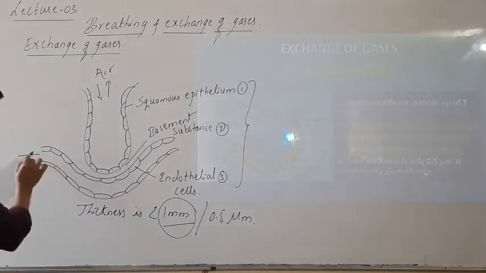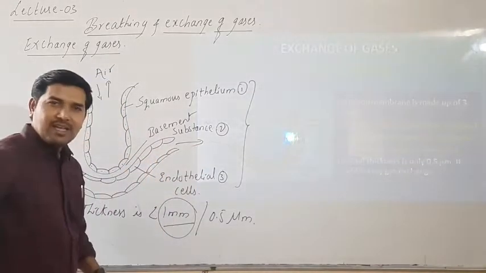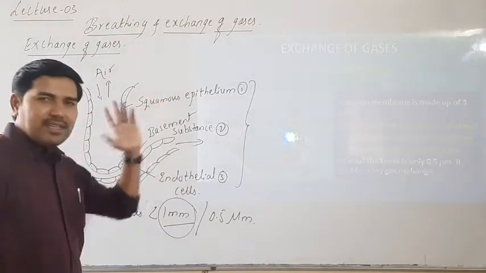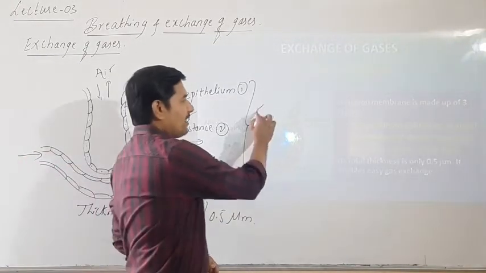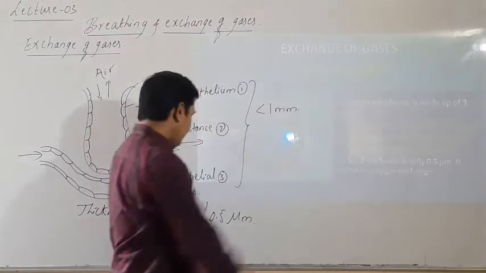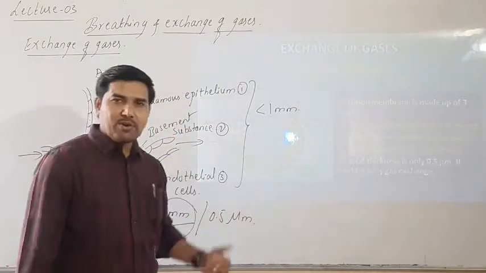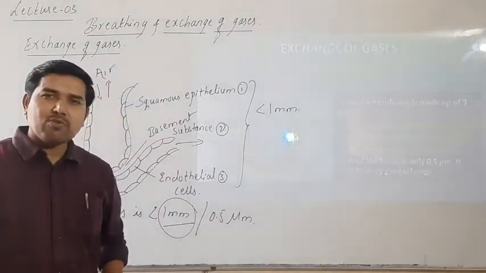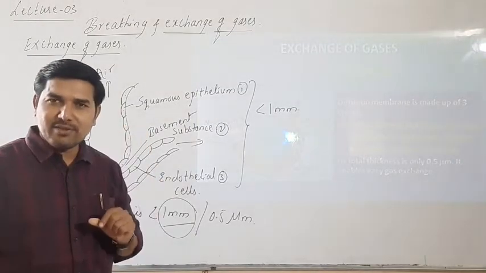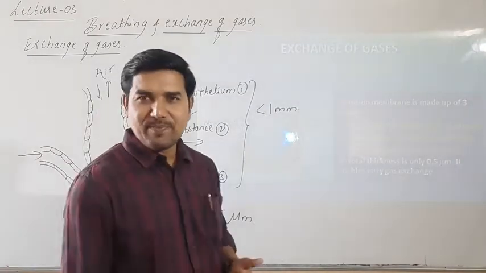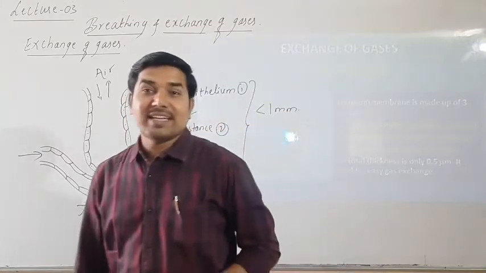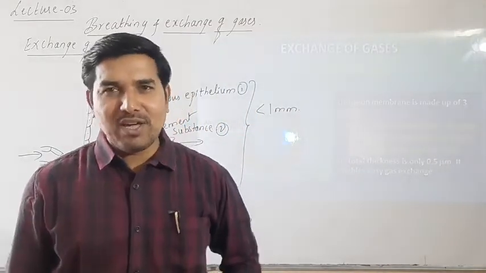Now here blood will come, and from here the blood will leave, and as the thickness is very less, less than 1 mm, or around 0.5 micrometer, it helps in diffusion of gases. Okay, so this is how the exchange of gases occurs at the alveolar level.